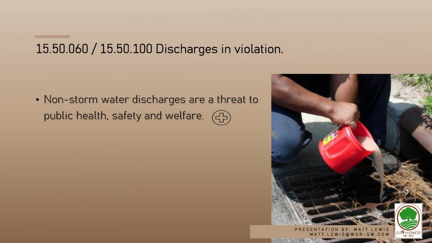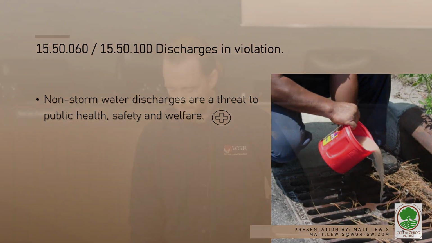The thing to remember as an inspector is that you keep your eyes and ears open for non-stormwater discharges and other situations which could pose a threat to public safety and health. Enforcement powers and remedies.